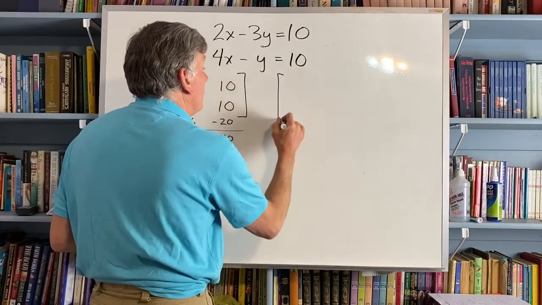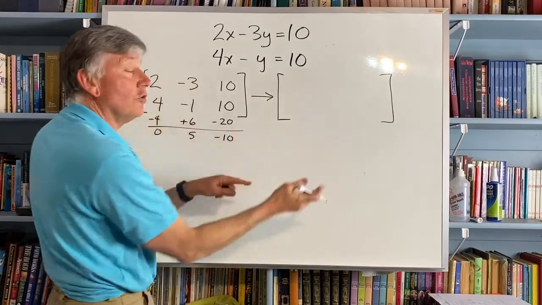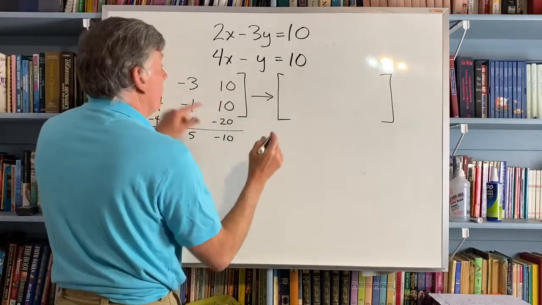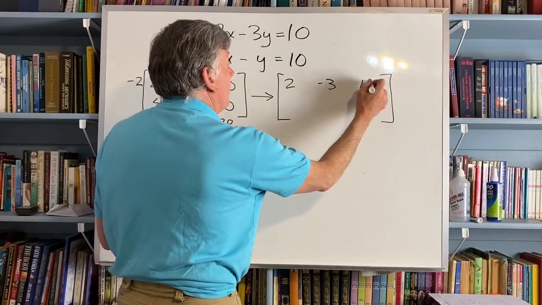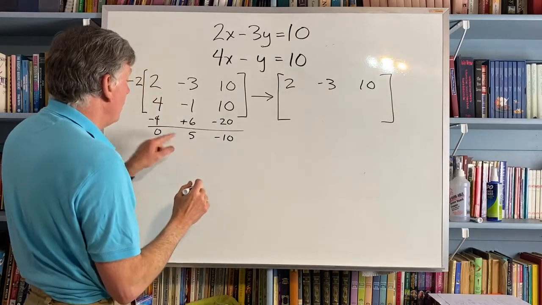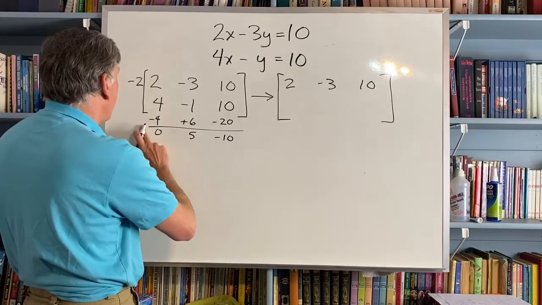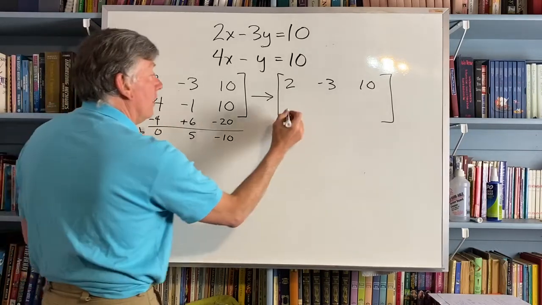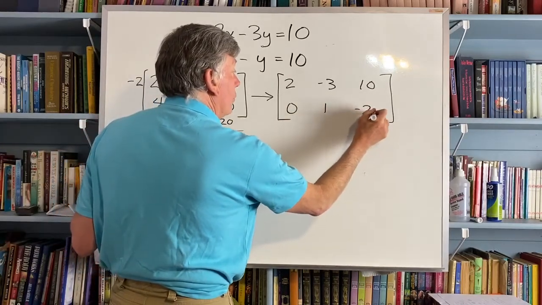So this tells me, now I'm going to go over here. This is a new matrix that I'm writing, and I'm going to write my original first line, 2, minus 3, 10, but now I have this, which if I multiply through by a 1/5, I'm going to get 0, 1, minus 2.